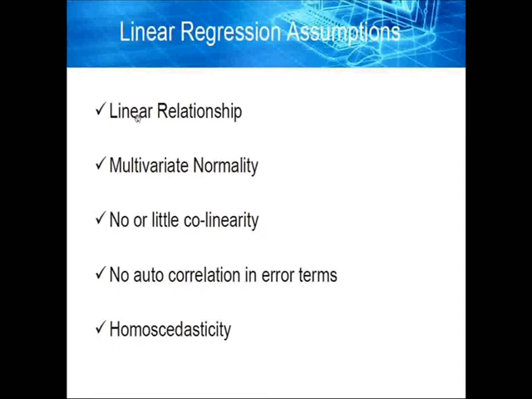Also, there is no correlation between error terms. That is, if errors E1, E2, E3 are achieved over a number of iterations, there is no correlation among them. Sometimes these errors are also denoted as residues. So, in another way, residues are not correlated with each other.